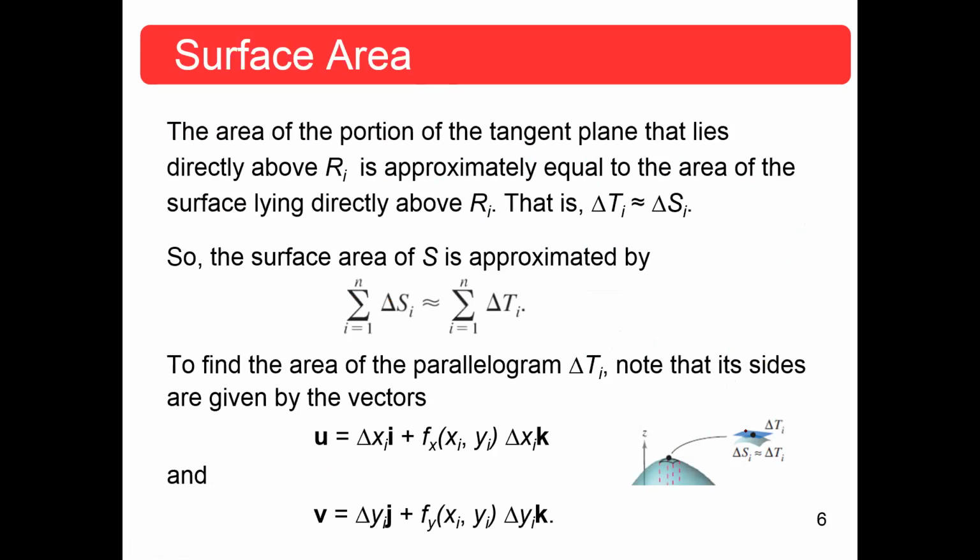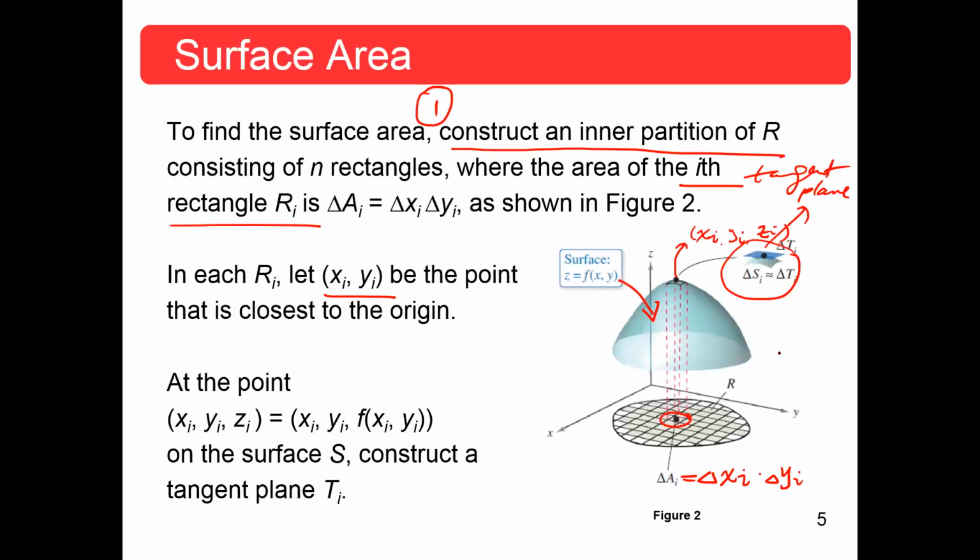This means if you decompose the surface area into small pieces, each small piece of the surface area would be approximated by the area of the tangent plane. When they are small enough, these two areas should be pretty close. So delta S i can be approximated by delta T i, where T indicates the tangent plane, so the area of the tangent plane.